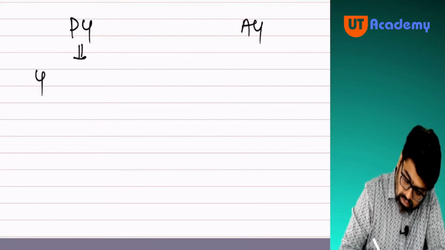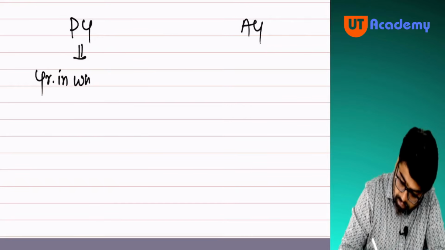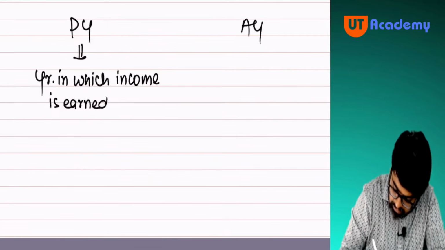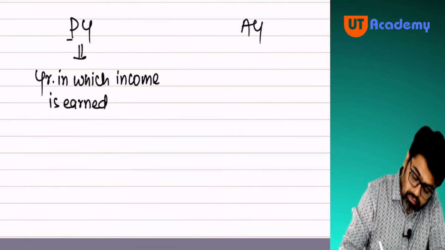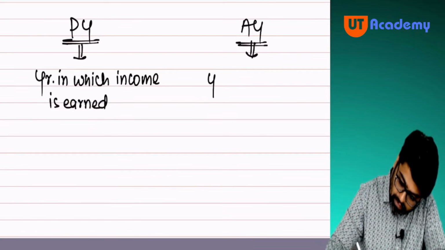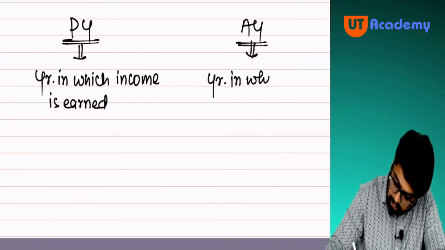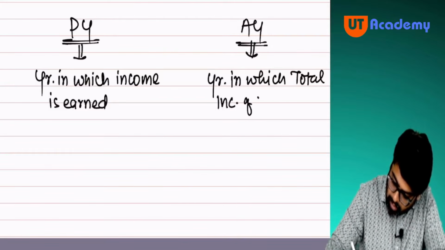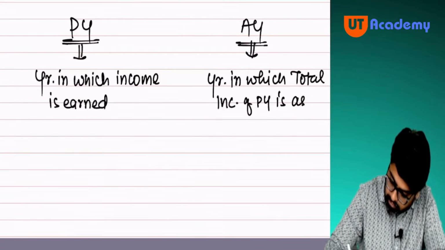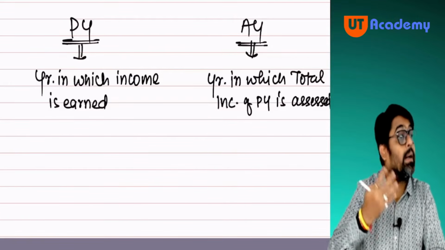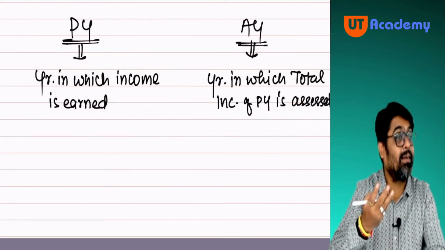See, the year in which income is earned, that year is known as previous year. And assessment year is the year in which total income of previous year is assessed. Assessed means identified, calculated.